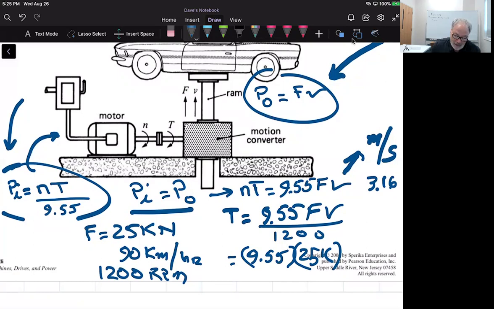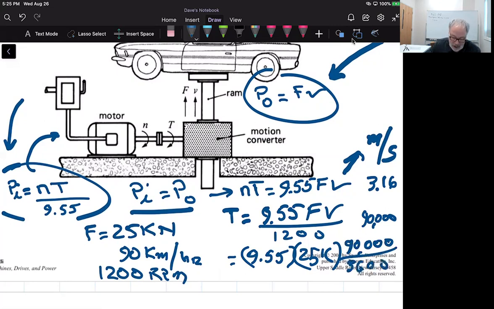It's kilometers to meters, which is pretty easy, just 90,000 meters. Then hours to seconds, 60 seconds in 1 minute and 60 minutes in 1 hour. So I end up with what he's showing here, 90,000 divided by 3,600.